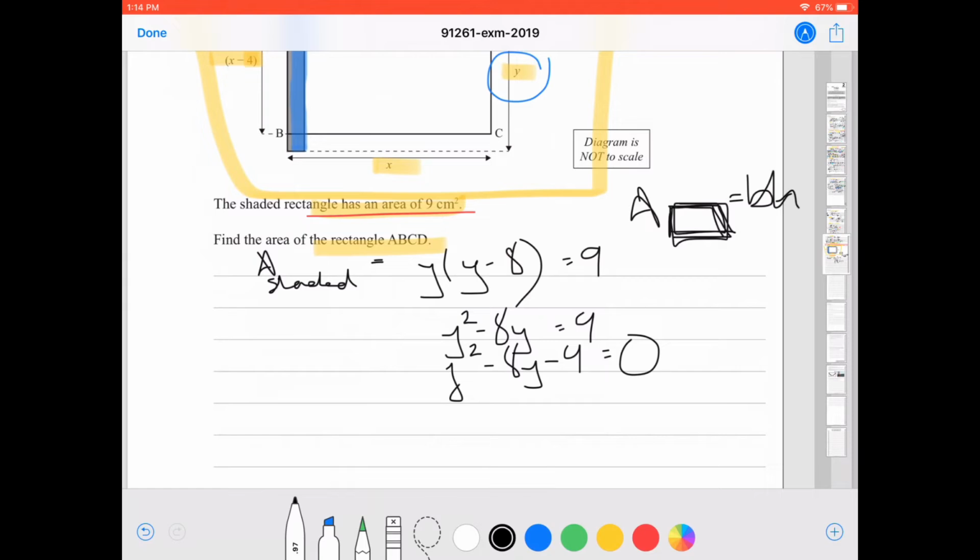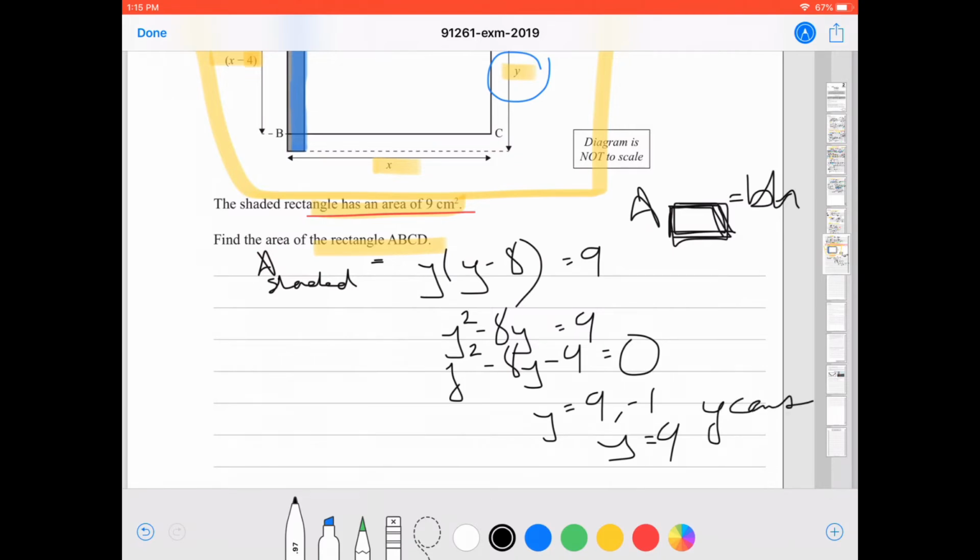We've got a value is 1, b value is -8, and c value is -9. And so we get values of y equals 9 and -1, but we're working to a context here, so we've got some constraints. You can't have a side length of -1, so the only value is y equals 9.